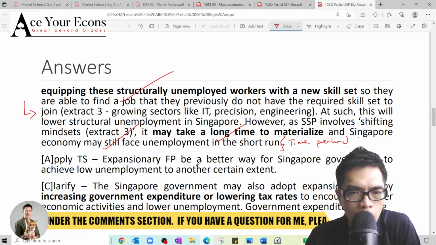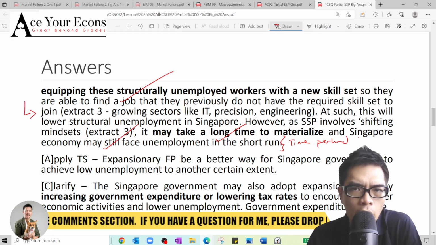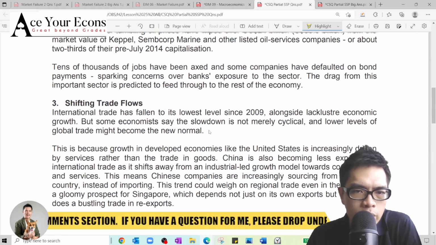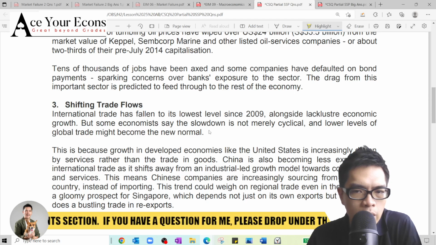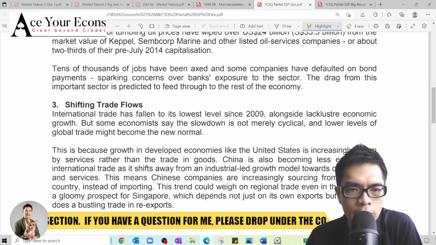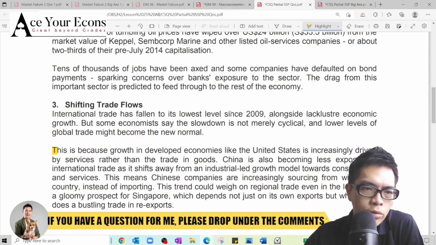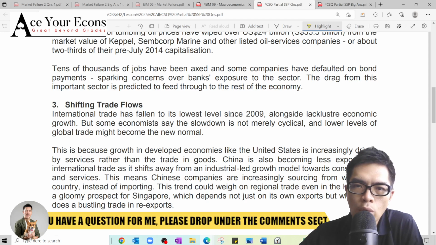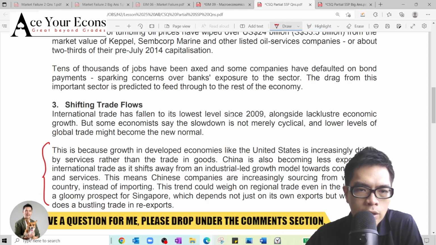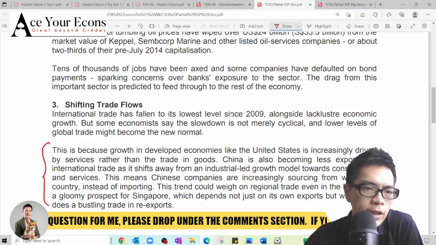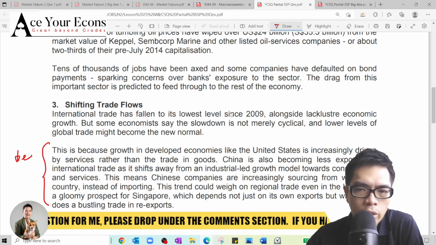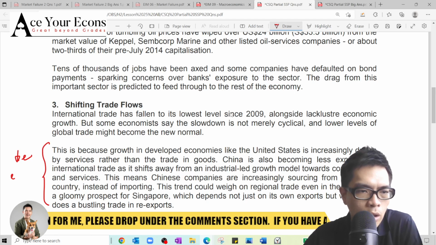Fiscal policy or a depreciation in your exchange rate could work. On hindsight, I would think that depreciation of the exchange rate could be a little bit better. Here's my reasoning. We can see down here, because of shifting trade flows, China is no longer sourcing from Singapore, for instance. In that case, a depreciation in your exchange rate could result in export competitiveness.